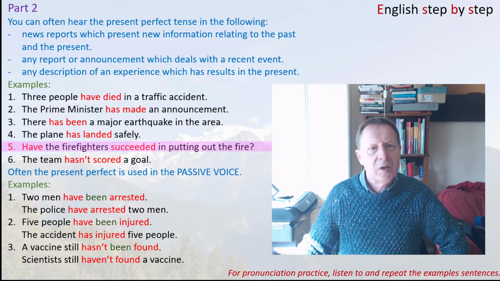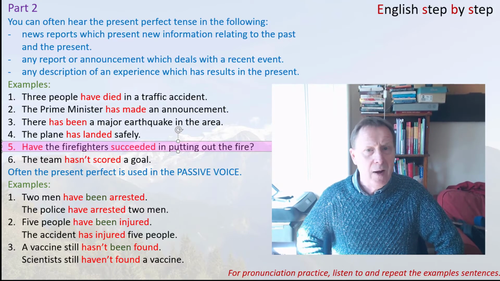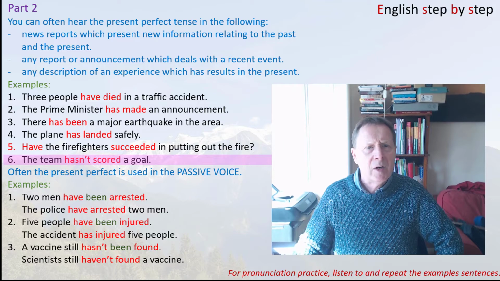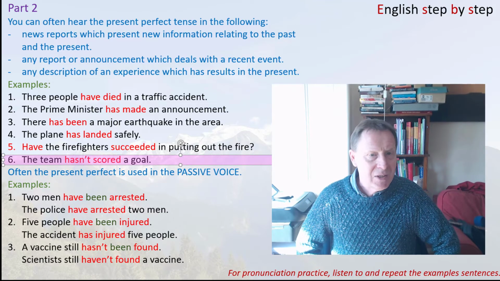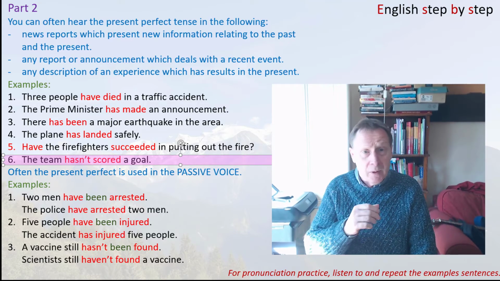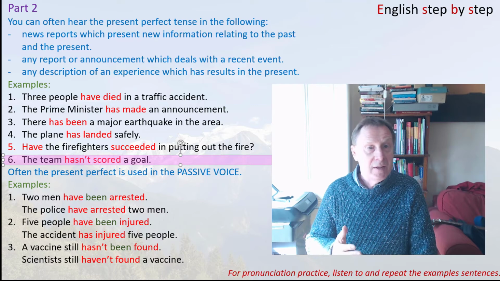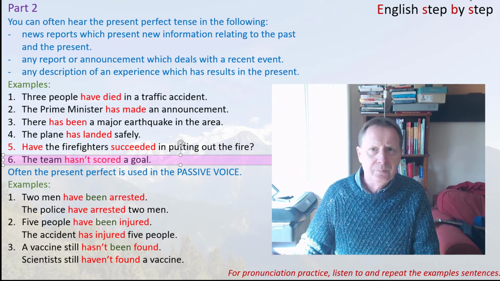The next example is a question. Have the firefighters succeeded in putting out the fire? And then we can have another example with a negative verb. The team hasn't scored a goal. And again, if you put a specific time, then you would say something like, they didn't score a goal last month.